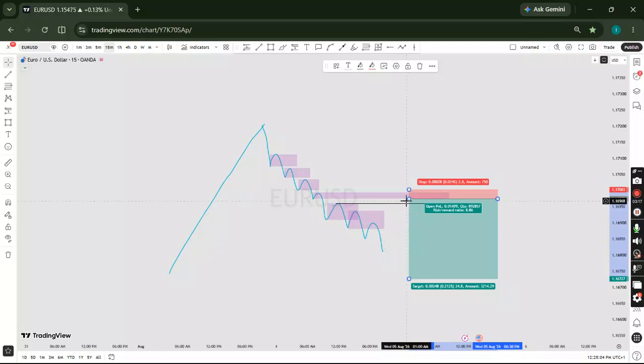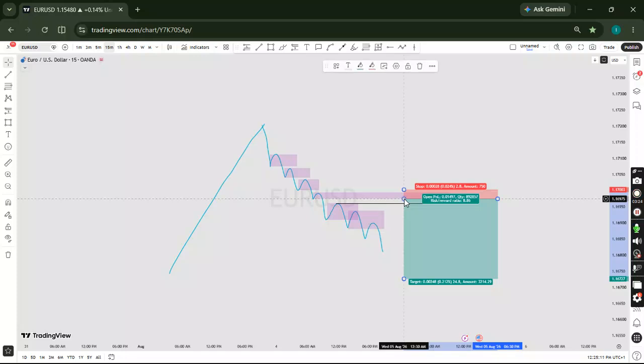So this could be your entry, and the other one could be from this line. The only difference between this and this is that one would make your risk to reward bigger. So if you were risking 1,000 naira or $1,000, your reward here says 8.86. So you'll be making that 1,000 naira times 8.86, so that's 8,000 naira, 86 something.